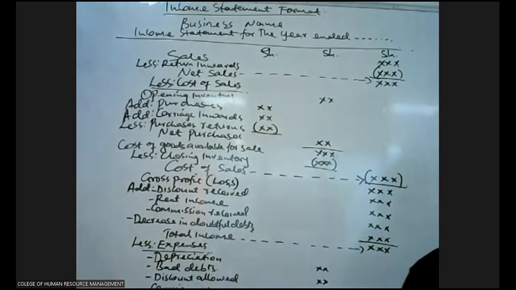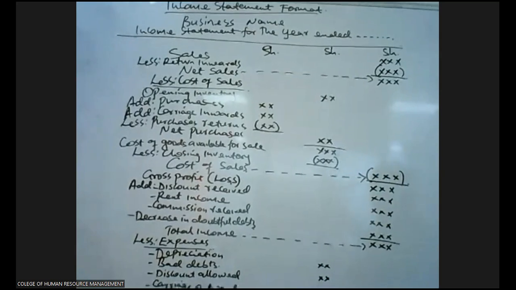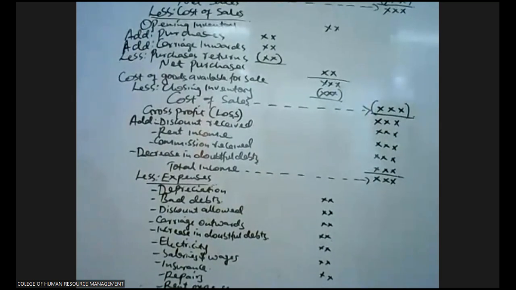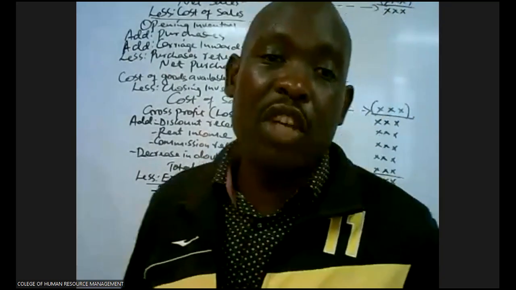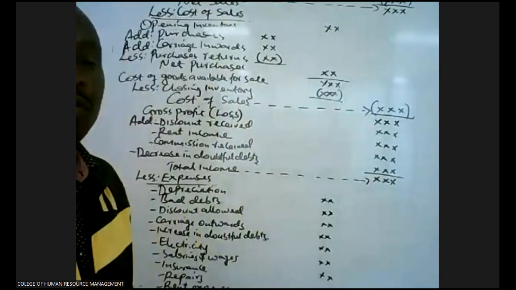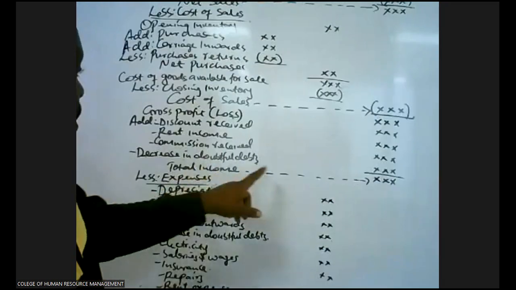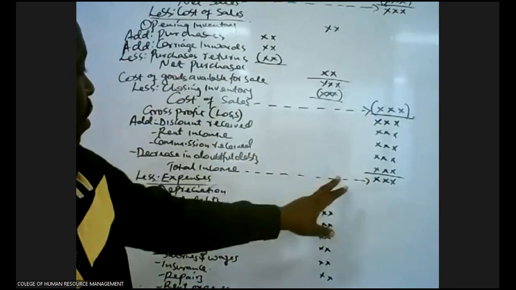Excuse me, Marlene. Yes? You said you add other income. Is the decrease of the doubtful debts an income? Because we said it should be treated as an income. Yes, it should be treated as an income, so we add it to the gross profit.